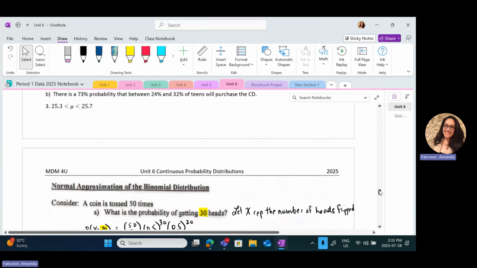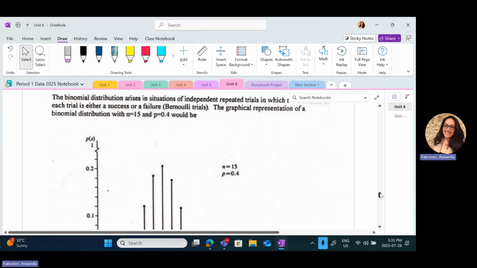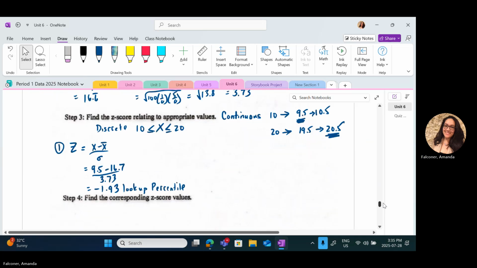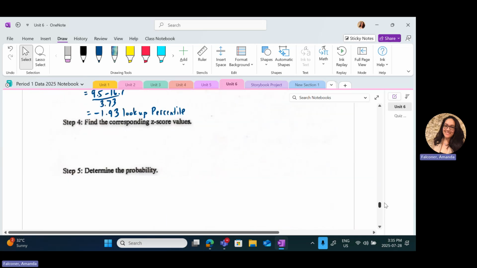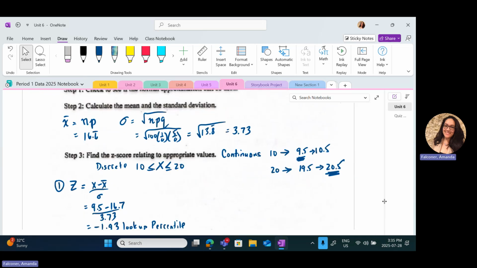I am going to write that down. My percentile for that first z-score is equal to 0.0268, and I'm going to do it again for my second z-score, which is going to be the upper boundary of 20.